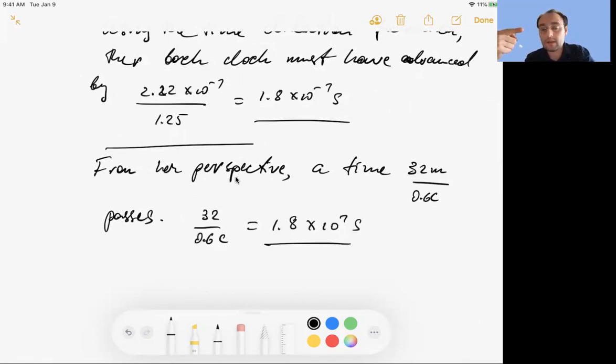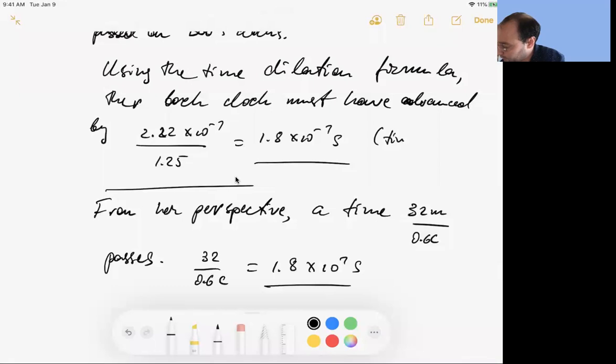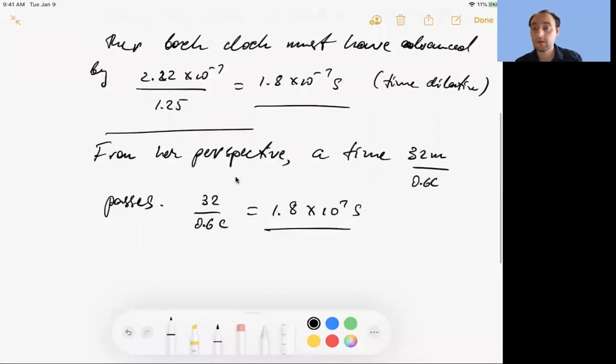From Bob's perspective, this is a time dilation issue. From Alice's perspective, it's just distance divided by the speed. But what distance? Contracted distance.